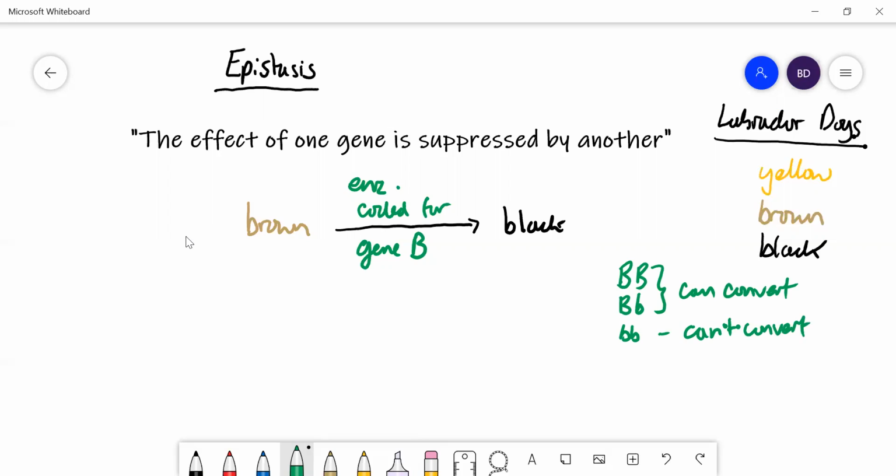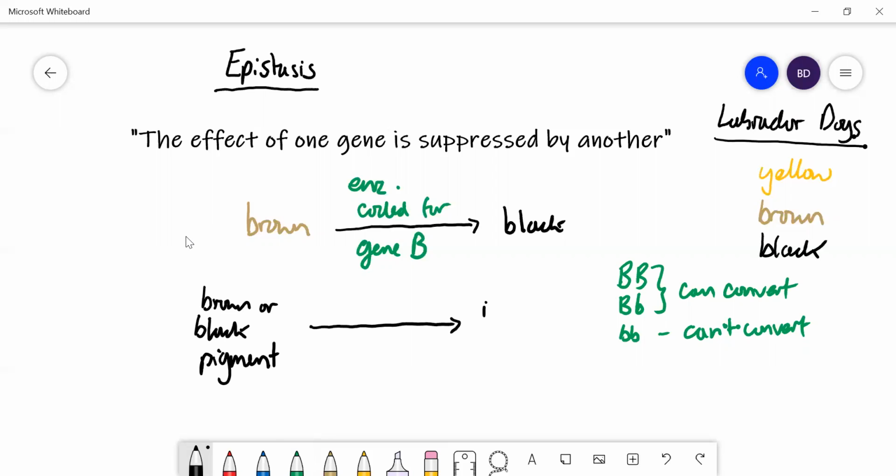Okay, so where does the yellow bit come from then? Well, that is because there is another protein involved here, another gene product, and that is required to incorporate the pigment into the hair. So you've either got your brown or black pigment there, and it needs to be incorporated into the hair.